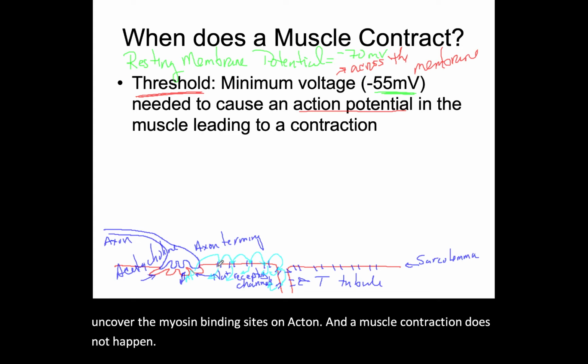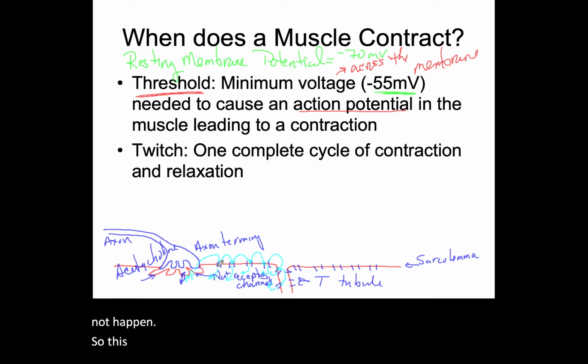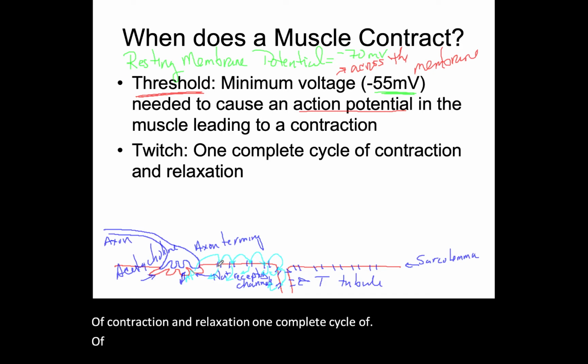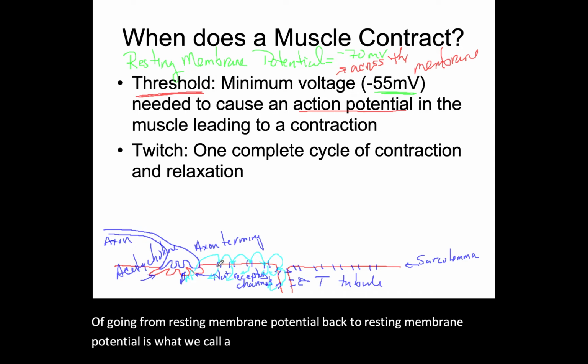So this is critical. One complete cycle of contraction and relaxation, one complete cycle of going from resting membrane potential back to resting membrane potential, is what we call a twitch. That is a twitch.